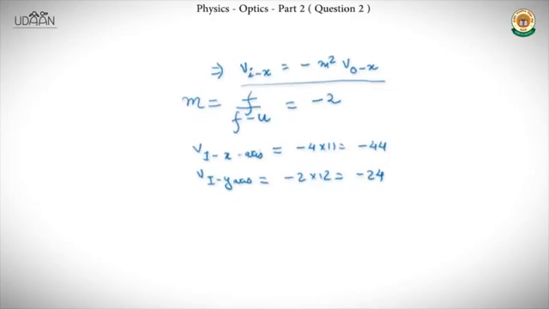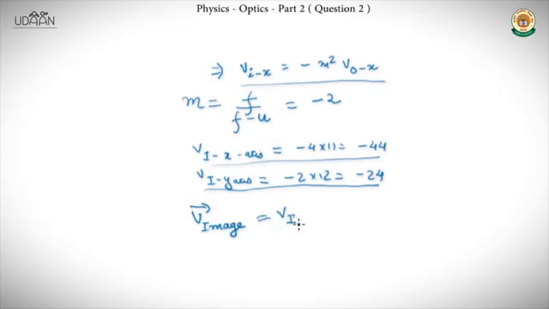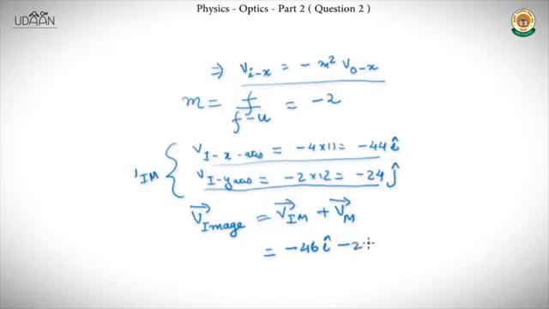So basically the final velocity of the image is given as the velocity of image that we got with respect to the mirror, which are this, plus velocity of the mirror, which will give me as -46 I cap -24 I cap.